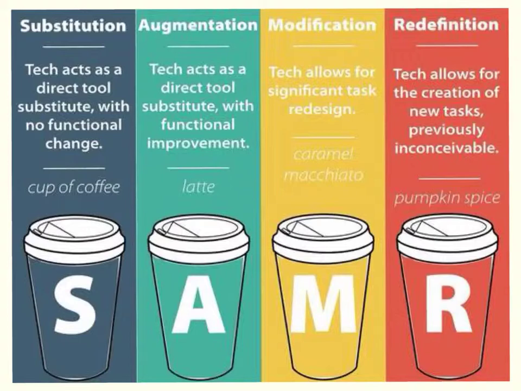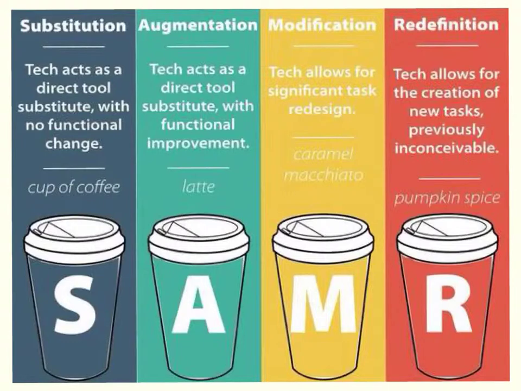The first part of the SAMR model is enhancement. The enhancement part contains substitution and augmentation, which is these two. It is called enhancement because the learning is simply being enhanced, but it is not being transformed.